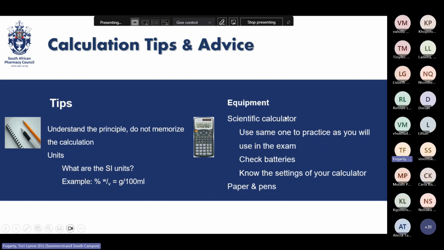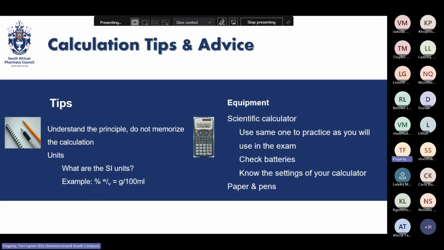Right, so then the equipment. I know the slide says a scientific calculator, but at a basic level, you probably don't need one. Any calculator will do, provided you use the same calculator that you practice with in the exam. You need to know how to use your calculator. You don't want to get to the exam and borrow a calculator where the numbers or the functions are in a different place to what you're used to.